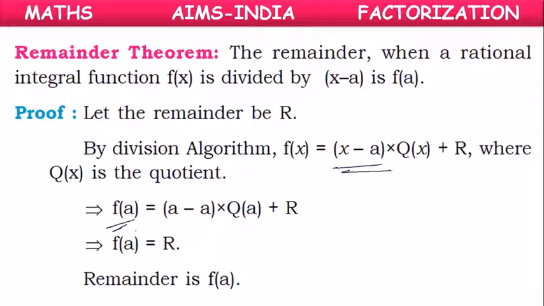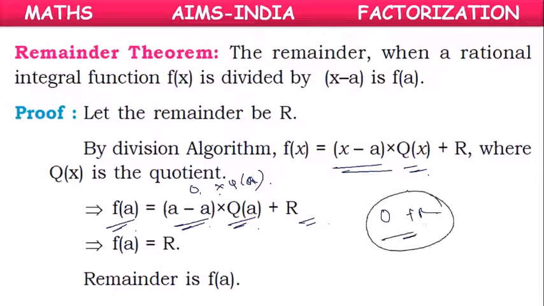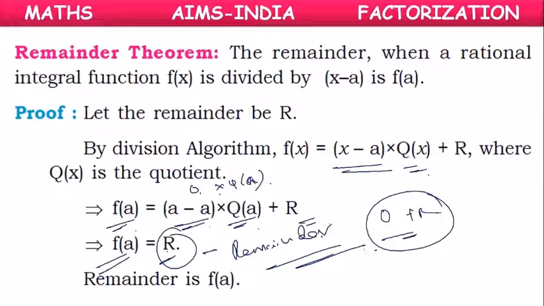Here x minus a becomes a minus a, q of x becomes q of a, plus r. So a minus a equals 0, into q of a. 0 into q of a becomes 0. 0 plus r, we can simply write as r. So f of a equals r, which means f of a equals the remainder. Hence the theorem is proved, children.